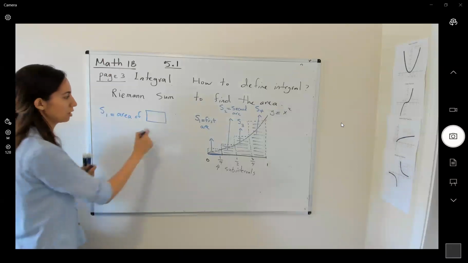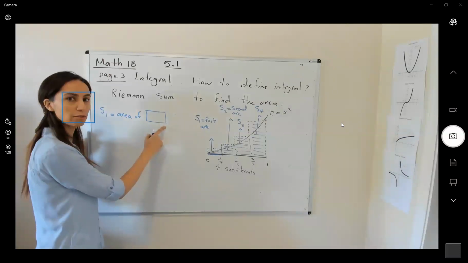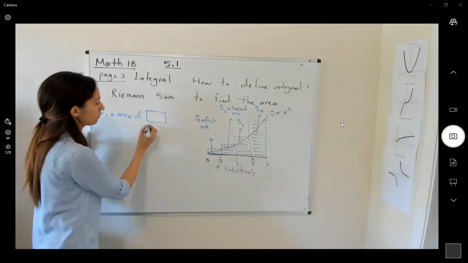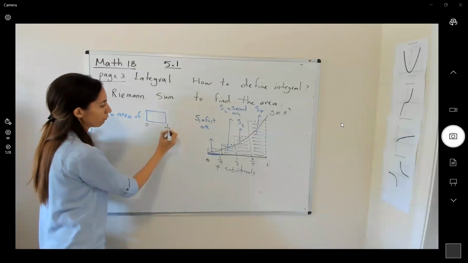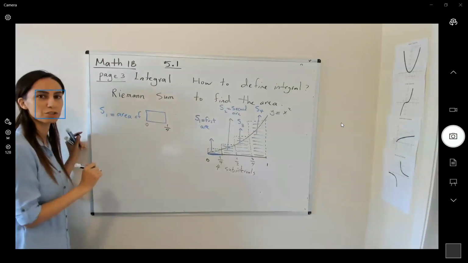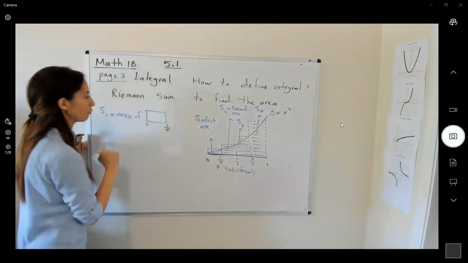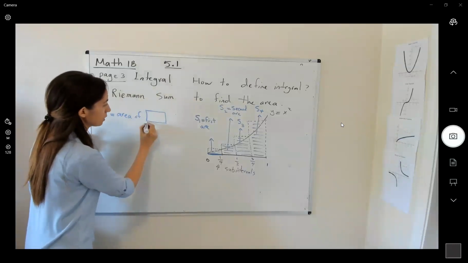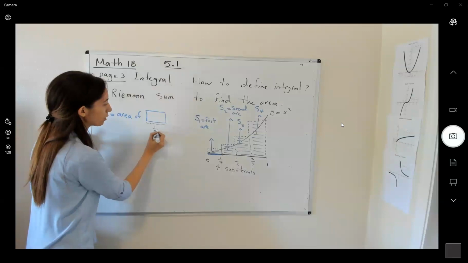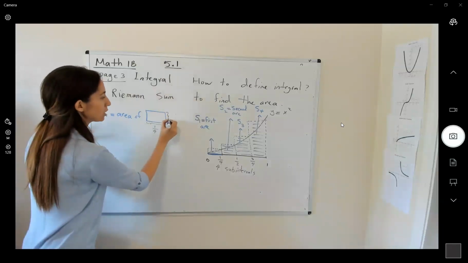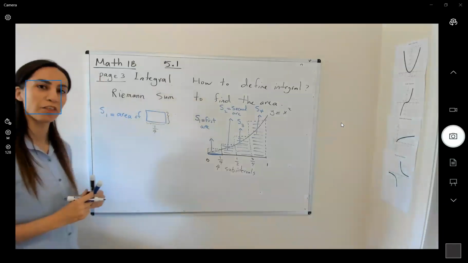So what is the length? What is the width? The length is easy, 0 to 1/4. So the measurement here is just 1/4. But how do you calculate this width?